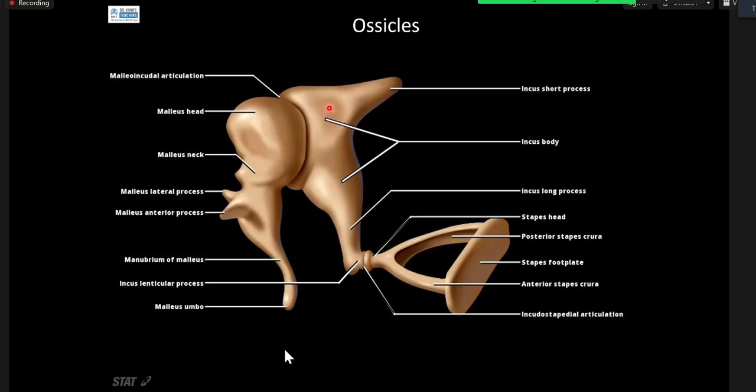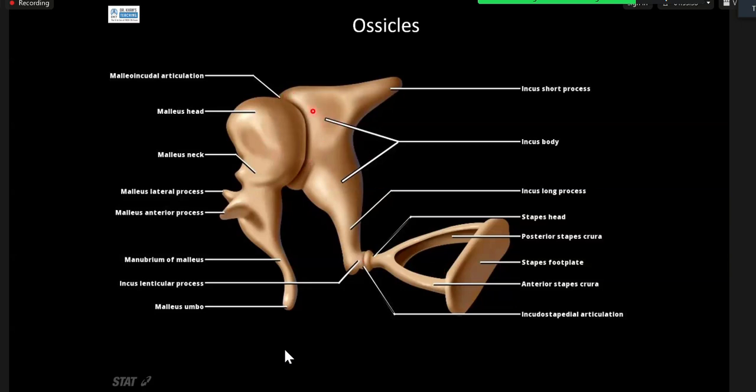The incus has got a body. This is the body, this is the short process, and this is the long process. Please remember that the body and the short process are sitting within the epitympanum. But the long process dips down back into the mesotympanum and makes the joint with the stapes.